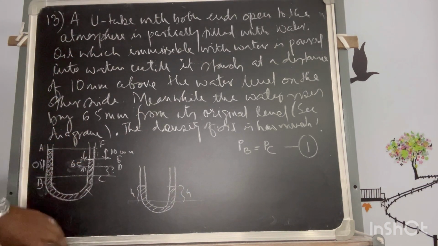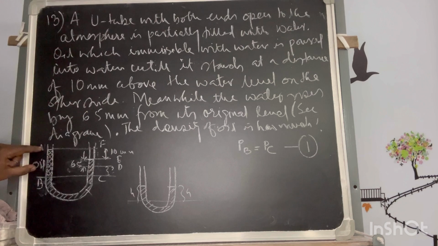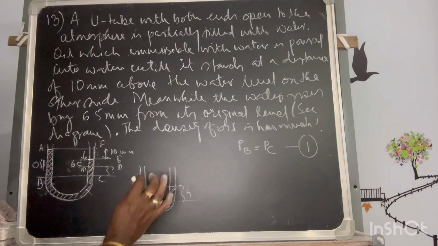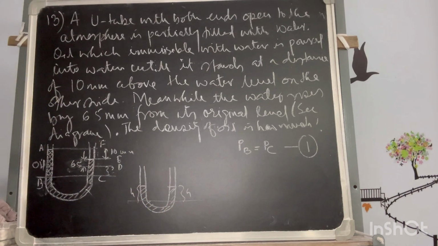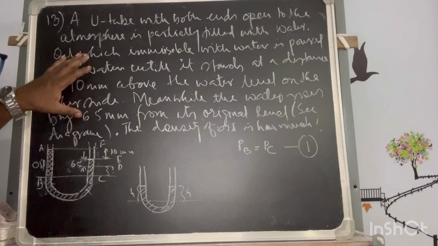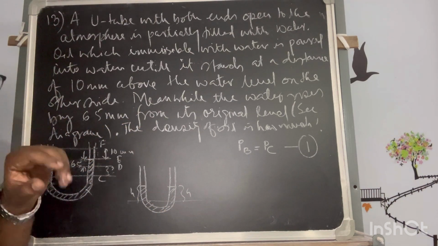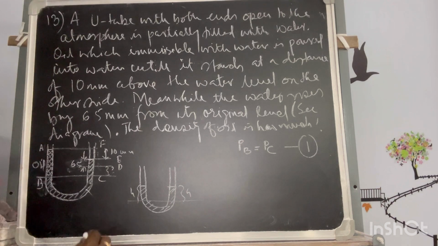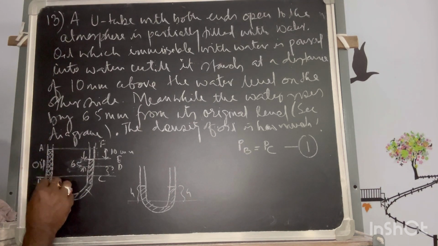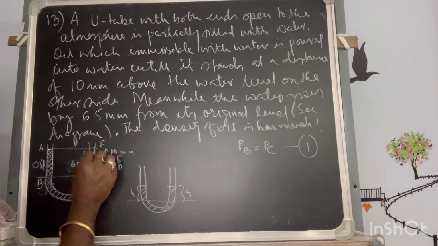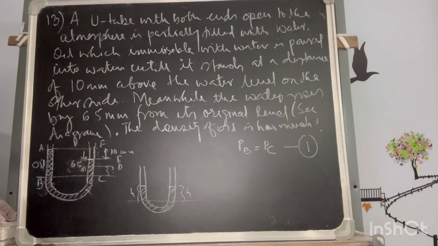When you start pouring oil, and at some point the difference between the oil and the water is 10, we stop pouring oil, and that is the steady state condition. There could be some other steady state condition, but the pouring of oil would be stopped when this difference is achieved. Now, this is displacing water from this arm and it is pouring into this arm.